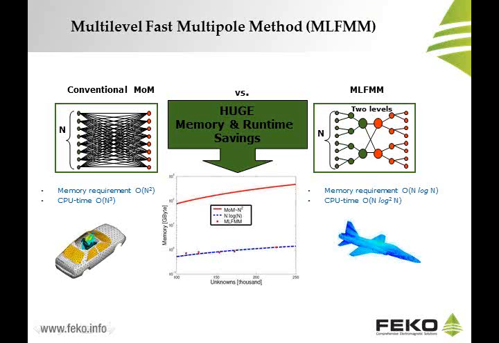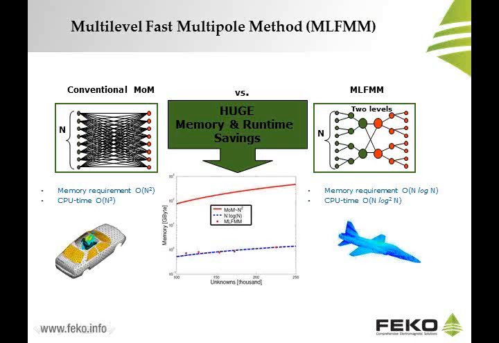It reduces the computational complexity from order n to the power of 3, where n is the number of unknowns, to an n log squared n formula, and similarly the memory requirement gets reduced from a square dependency to n log n.